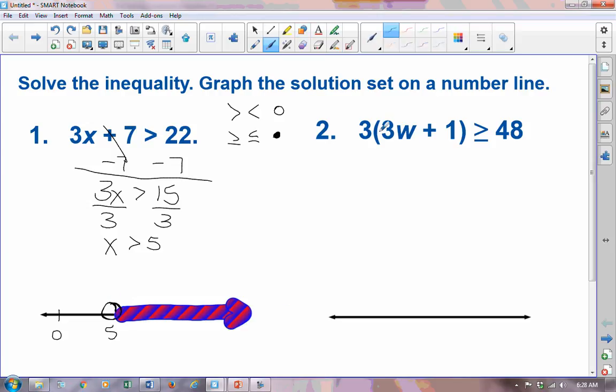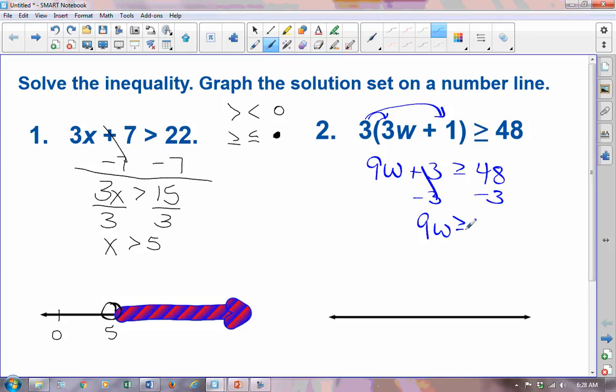The next one, we'll first take care of getting rid of the parentheses. If you remember your foldable, it says if there are grouping symbols, parentheses, then we'll take care of that by distribution. So we'll distribute. And we'll have 9w plus 3 is greater than or equal to 48. We'll subtract 3. And we'll get 9w is greater than or equal to 45.